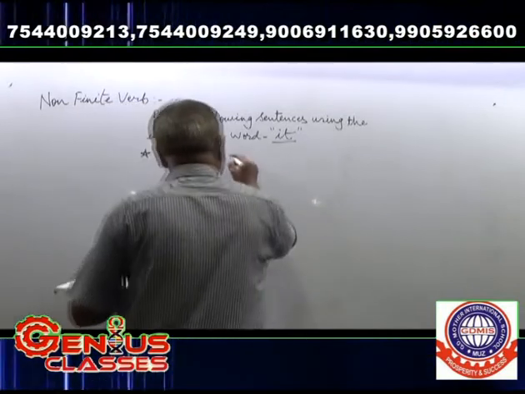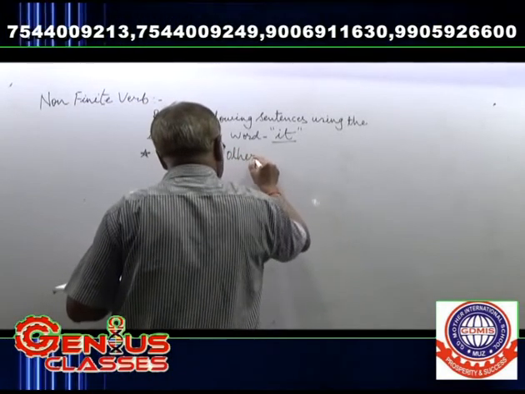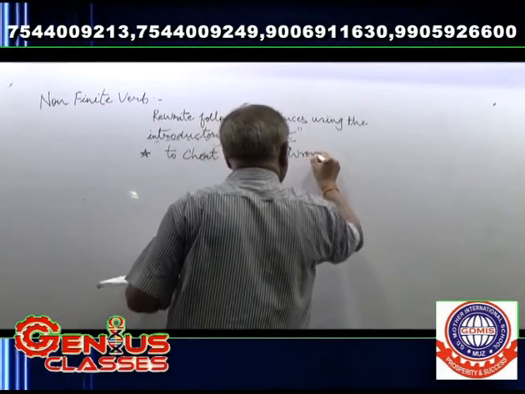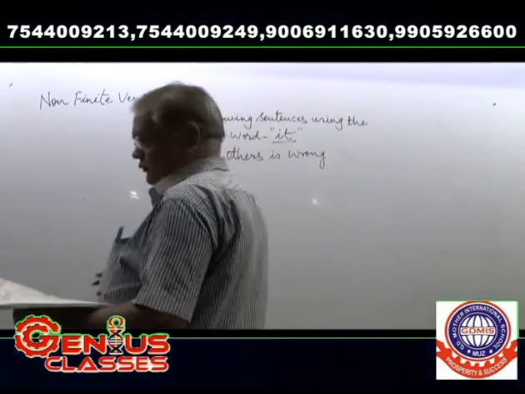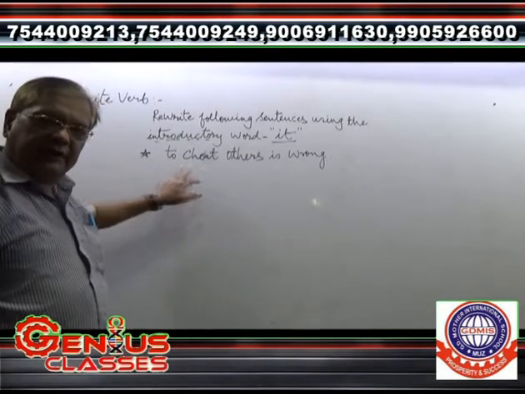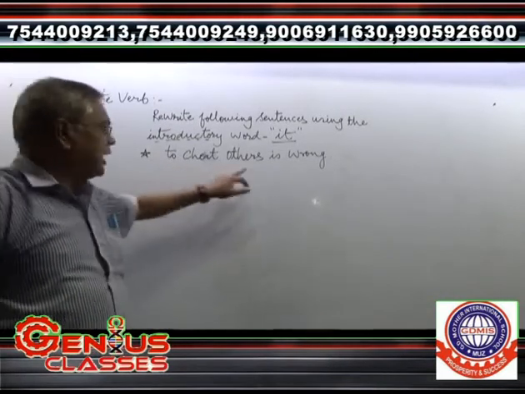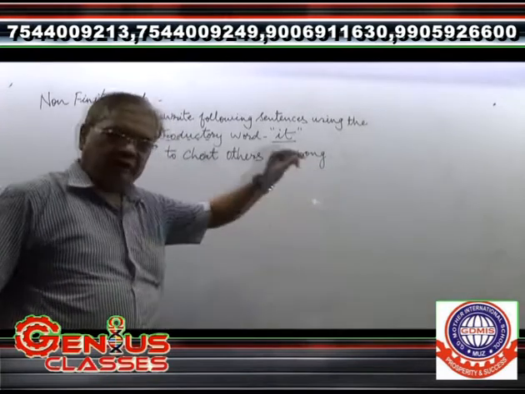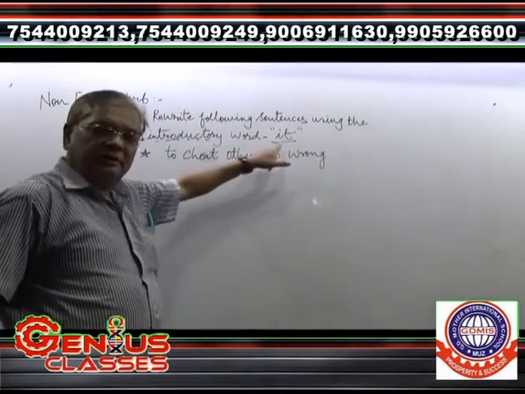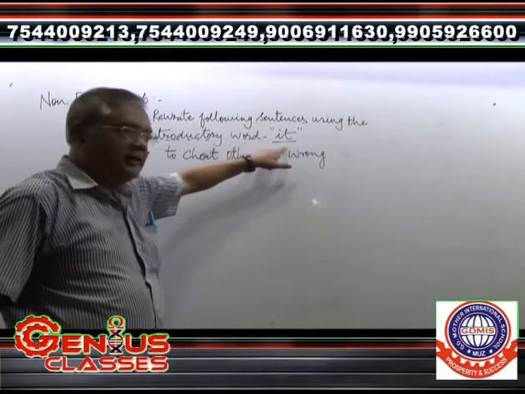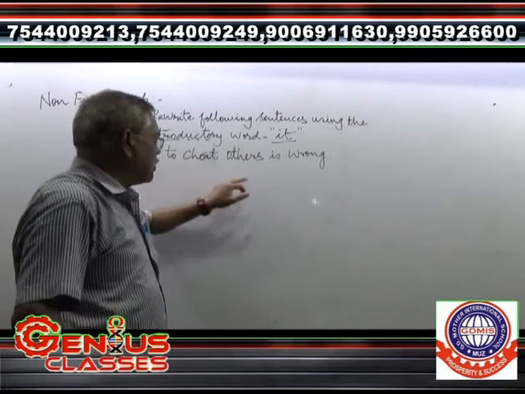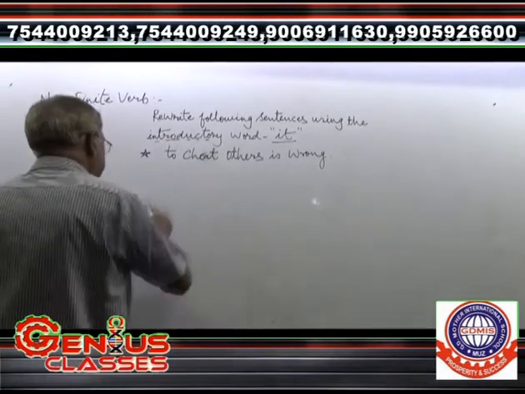To cheat others is wrong. I have given the sentence starting with an infinitive: To cheat others is wrong. What you have to do in this sentence is give your introductory word, that is it. So it should be: it is wrong to cheat others.